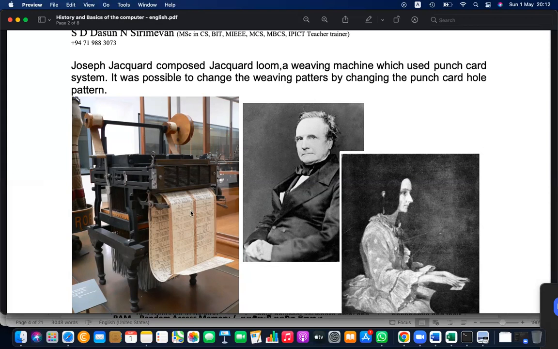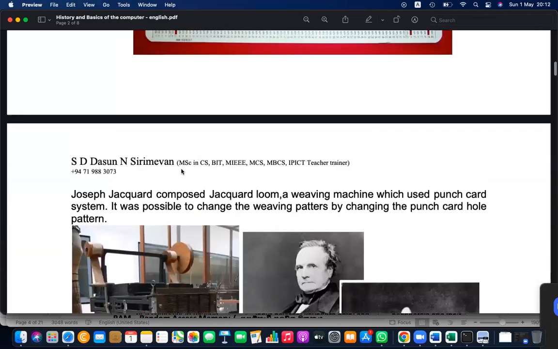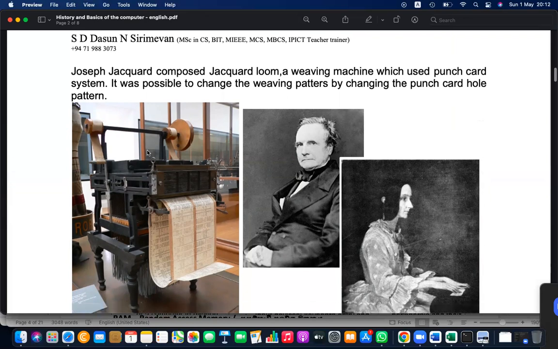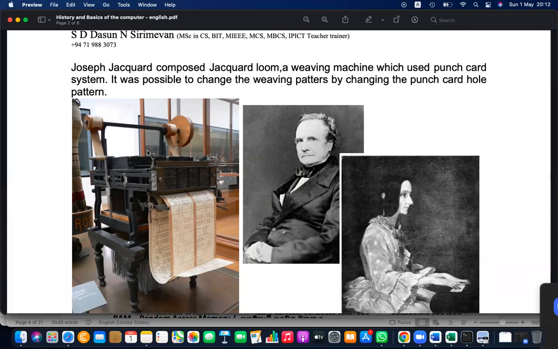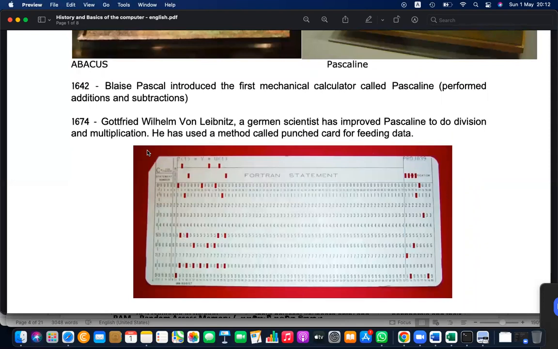According to the punch card pattern, you know the punch card is a cardboard with holes, a very lengthy cardboard with holes. According to this hole pattern, the weaving pattern was decided. Actually, this punch card was invented by a person called Herman Hollerith, right?